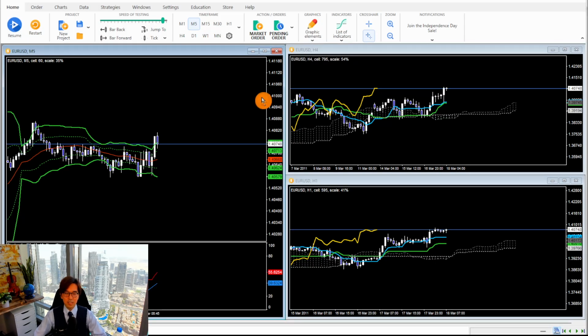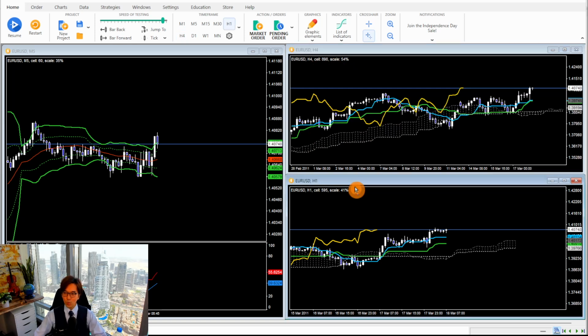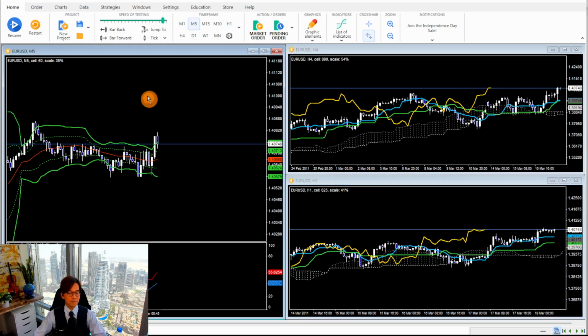Okay, so this is the Forex Tester, and this is not the live market. This is the market back in 2011 on the Euro USD. On the upper right, I put the 4 hour, and on the lower right, I put a 1 hour time frame, and on the left, I put the 5-minute chart. So basically in the tester, I usually take the 4 hour and 1 hour time frames and look for the entry timing in the 5.